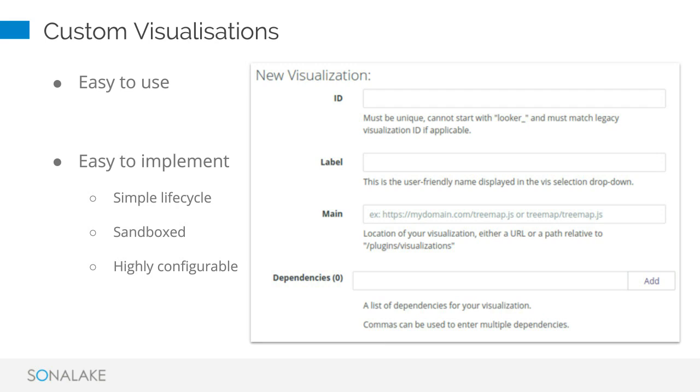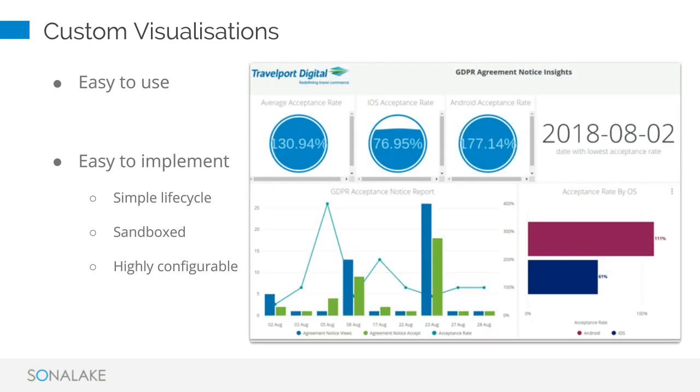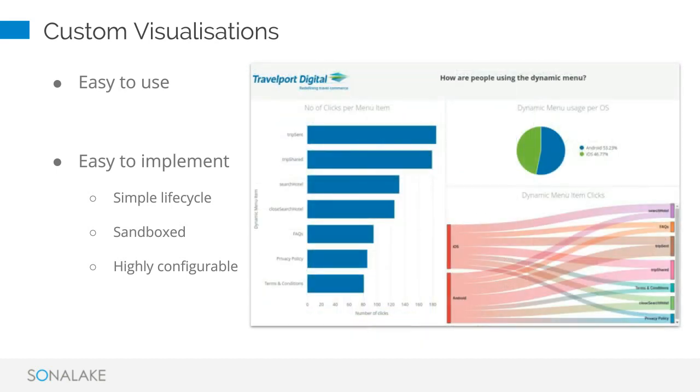You point to a JavaScript file, put an ID, a label, and pretty much good to go. We have some examples here. So for example, the liquid gauge there is a custom visualization. And on your left bottom side, there's a Sankey diagram, which is also a custom visualization.